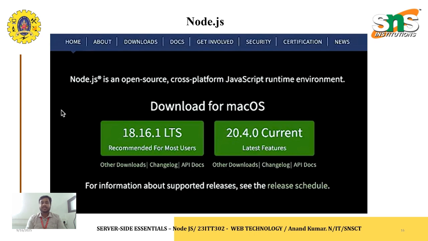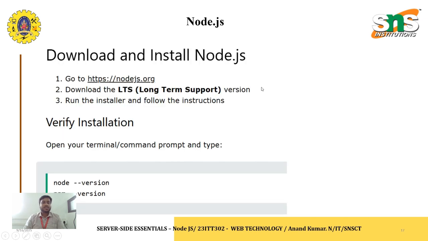It creates a JavaScript runtime environment. So this is the major aspect of Node.js. You can go to nodejs.org and download the LTS version, that is, the long-term support version, and you can run the installer and follow the instructions, as it is very easy.